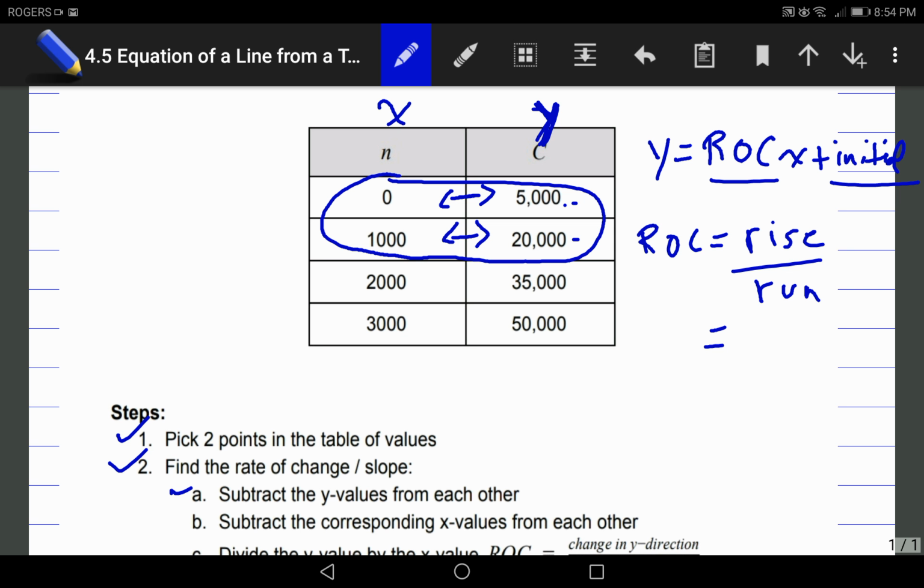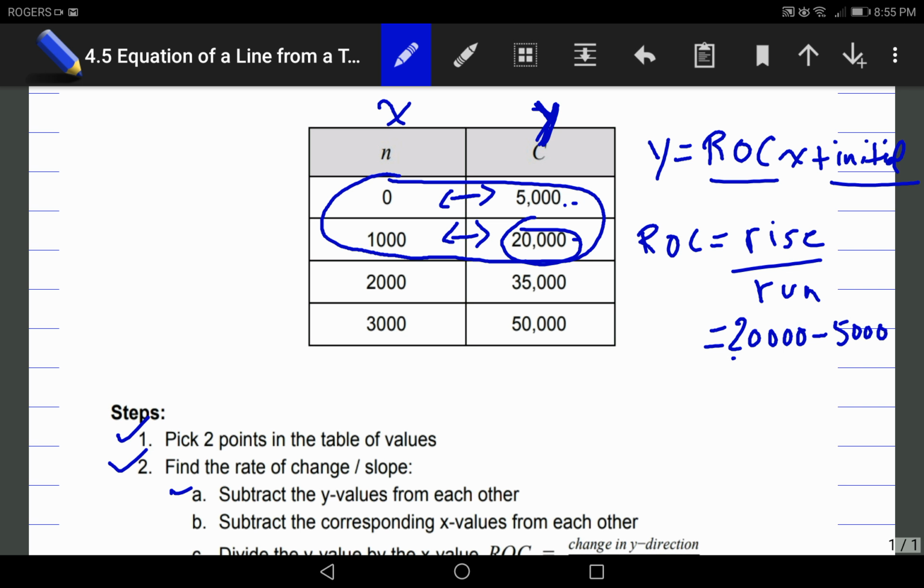Always the second column in a table is your y values, and the first column is your x values. So let's find the rise. Remember, you always write the second number first, the number lower down in the column. So we're going to go 20,000 minus 5,000.